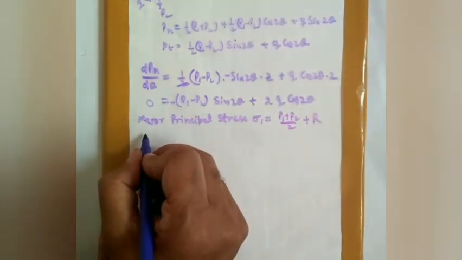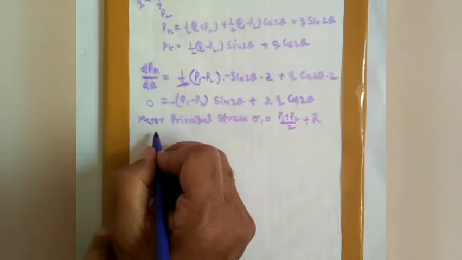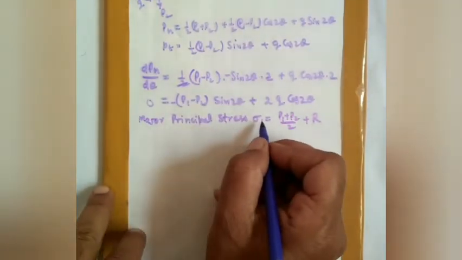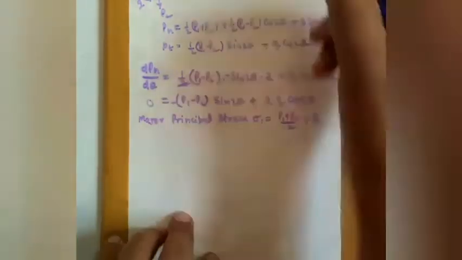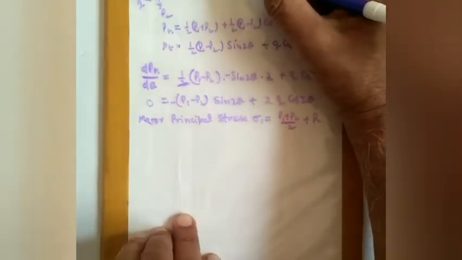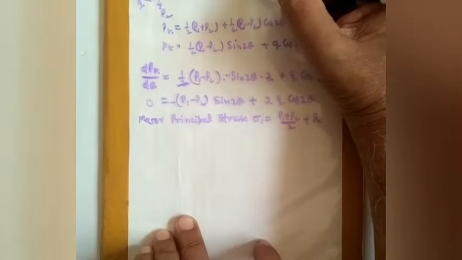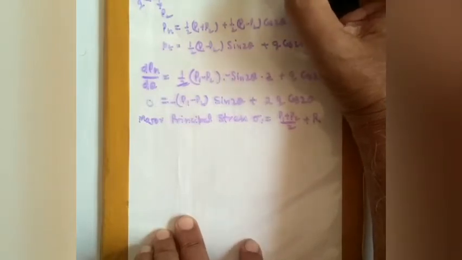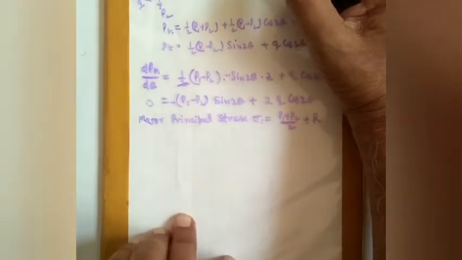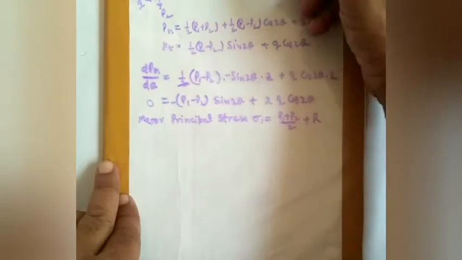Now we have to find out the minor principal stress, that is sigma 2. Sigma 1 and sigma 2 are acting on perpendicular axes. So we have seen the sum of normal stress acting on two perpendicular axes remains constant in plane stress system.